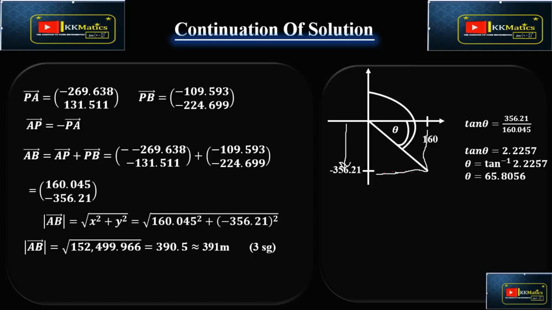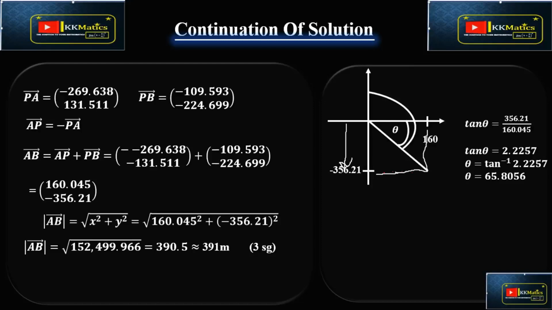So this is a distance, and the distance is positive 356.21. The negative there is actually telling us the position where that value will lie. So that's what you should keep in mind.